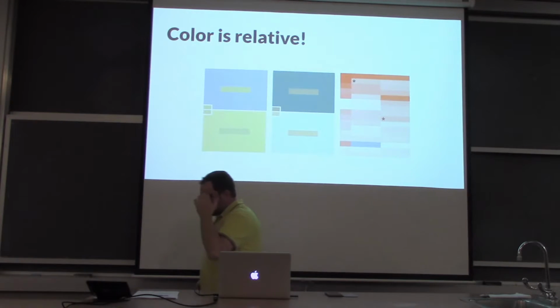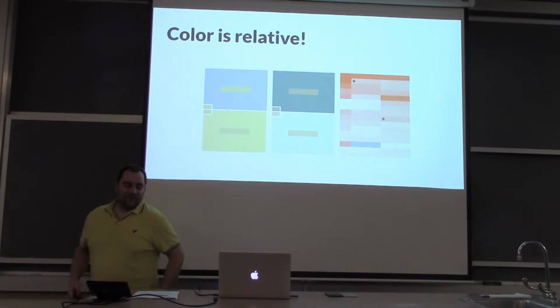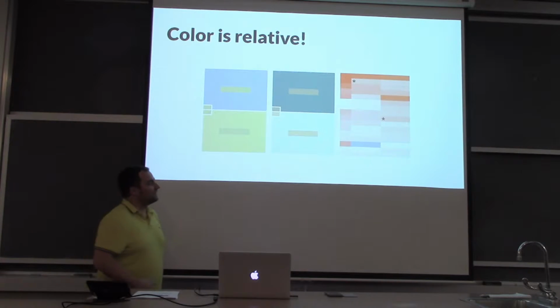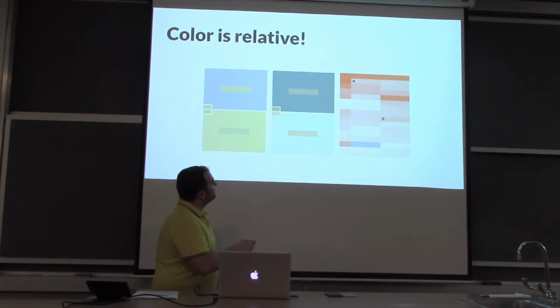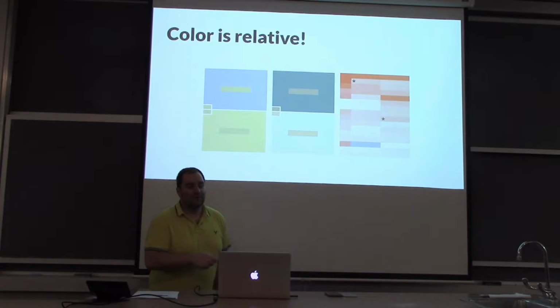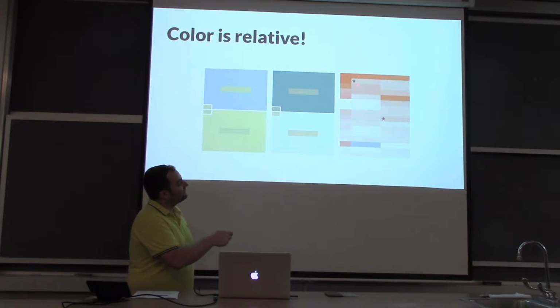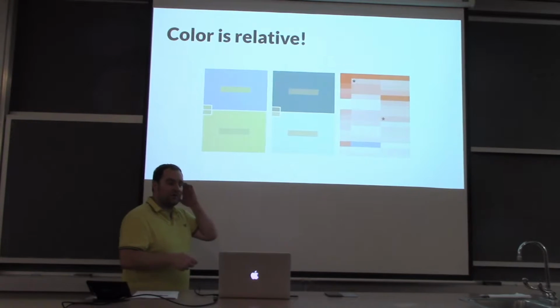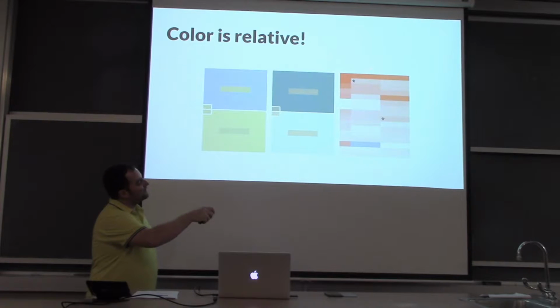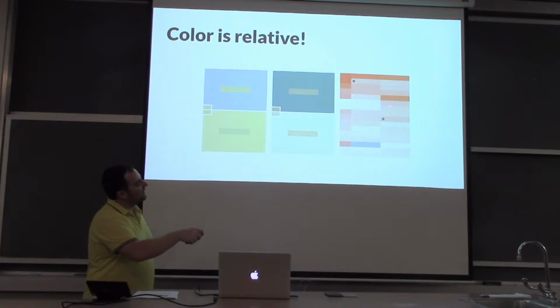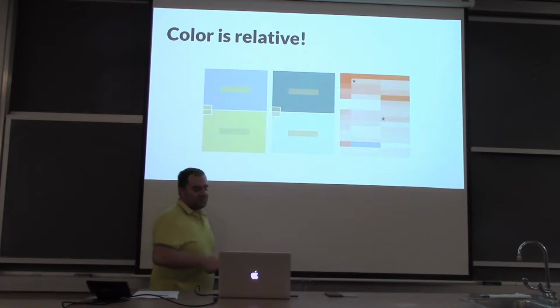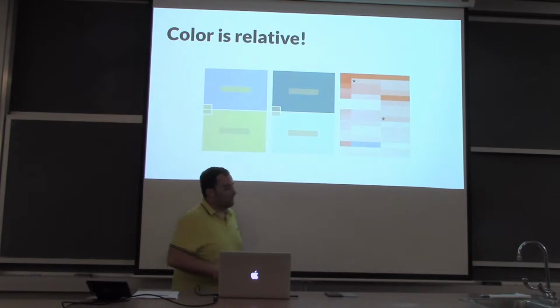And also, one of the problems with heat maps is that color is relative. We talked about this in the perception class, but those two colors here are actually the same, but they don't look it, right? This one looks brighter than this one just because of its surroundings: here are darker colors in its surroundings, here are lighter colors, so we perceive this one as darker than the one up here.